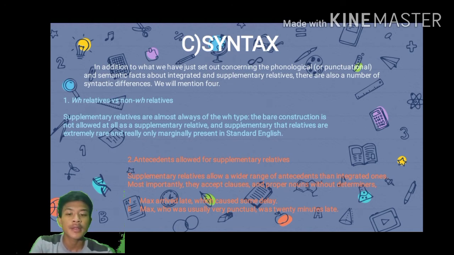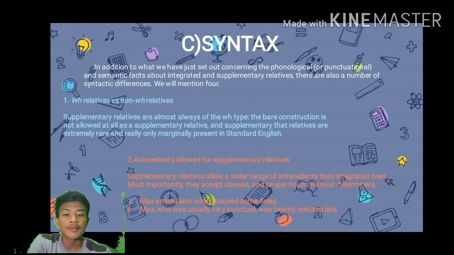The first is WH relative versus non-WH relative. Supplementary relatives are almost always of the WH relative type. The bare construction is not allowed at all as a supplementary relative, and supplementary relatives with that are extremely rare and really only marginally present in standard English.